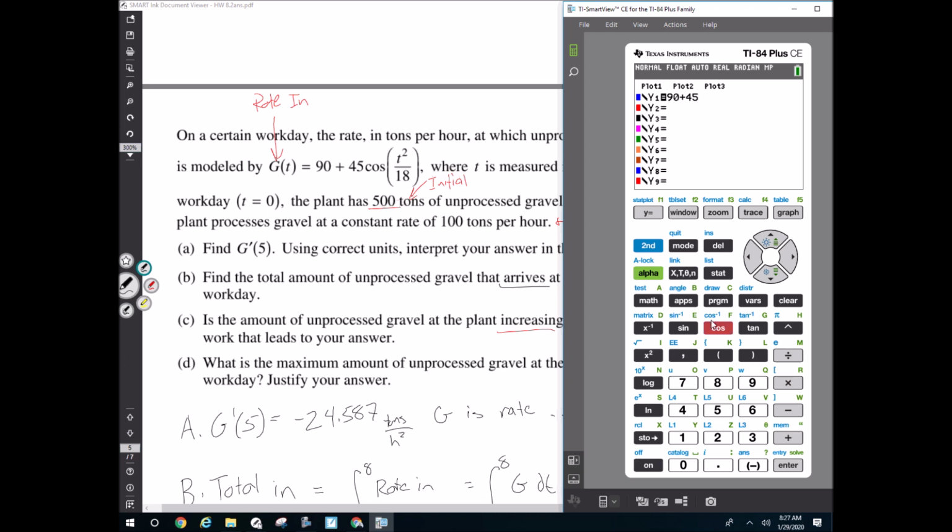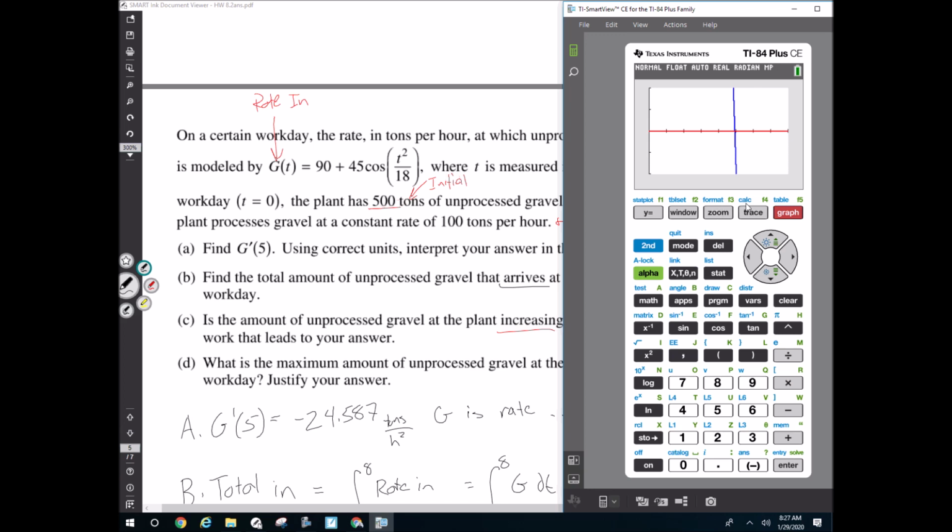Let's go ahead and graph this because we're going to use this graph in the next part when we're finding a max or a min. Minus 100. I don't have to use parentheses because I'm just subtracting 100. I'm also going to graph y equals 0. I'll need that in the future. My window is from 0 to 8.